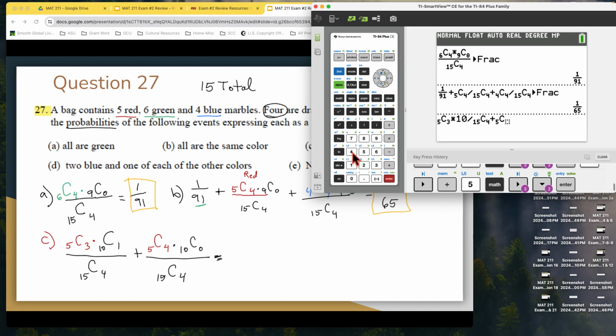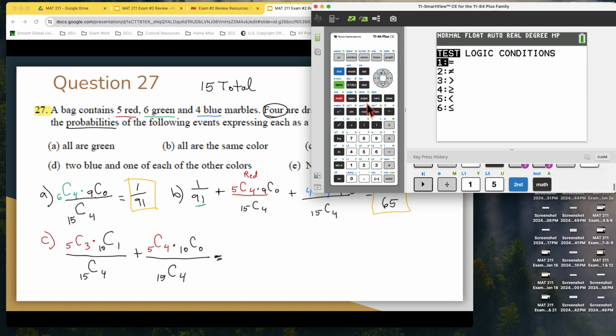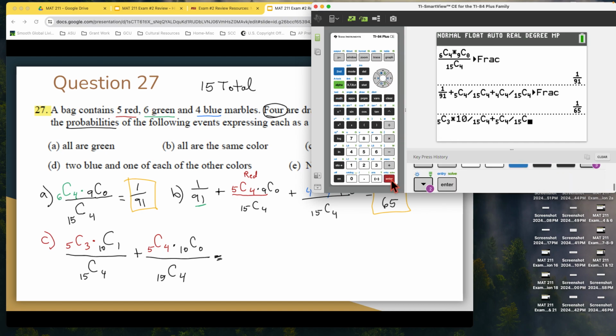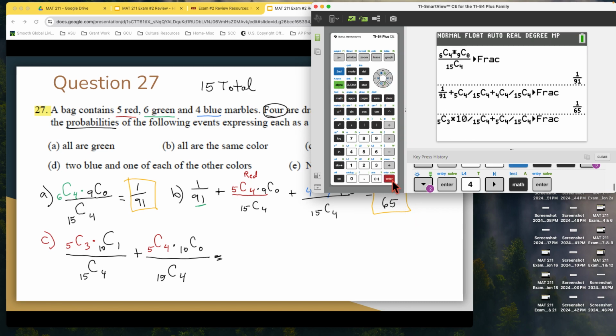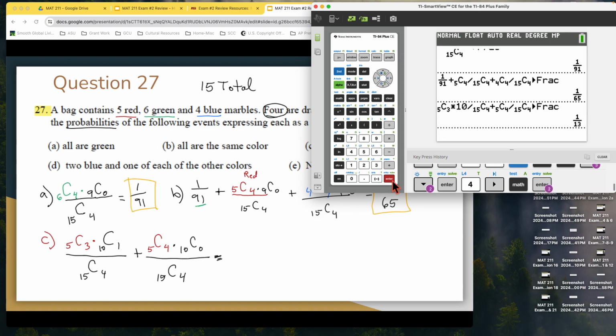That's for getting all 4 red, and then times 10 choose 0, which is 1, which I'm not going to write down, and then divided by 15 choose 4. And again, we want this whole thing to be a fraction. Let's see if it'll all work. Take the answer, make it into a fraction. 1/13.